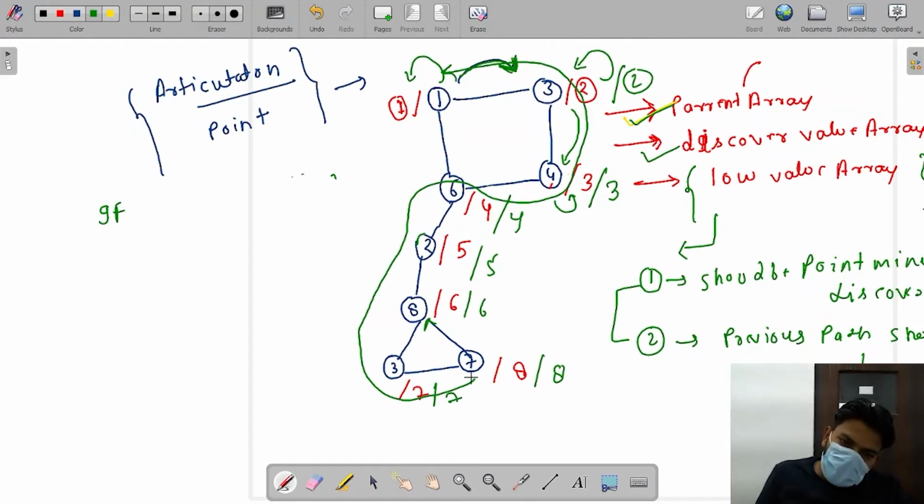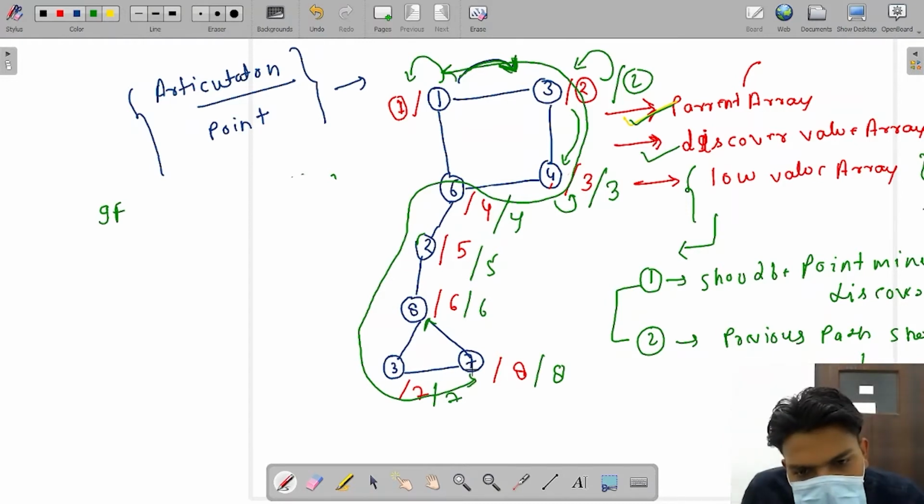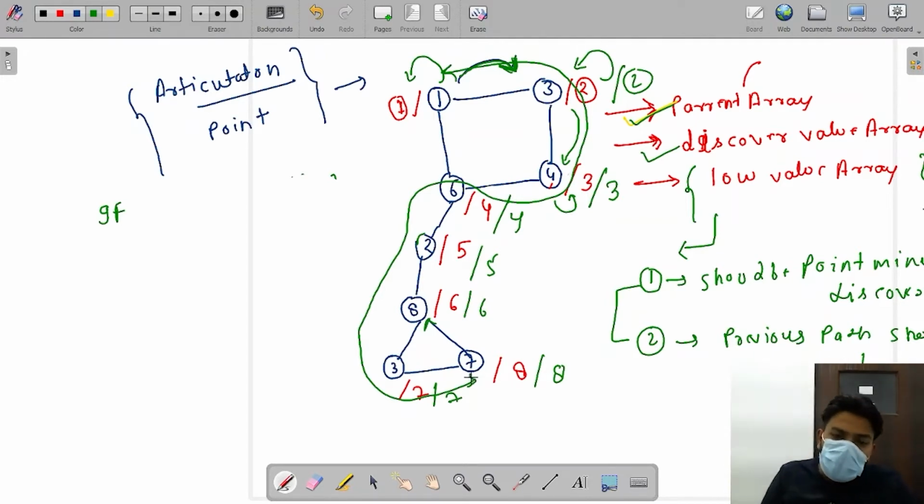So what are we going to do? If the neighbor of 7 is its parent, then we just continue, because we have to ignore this path. So how can we ignore this path?